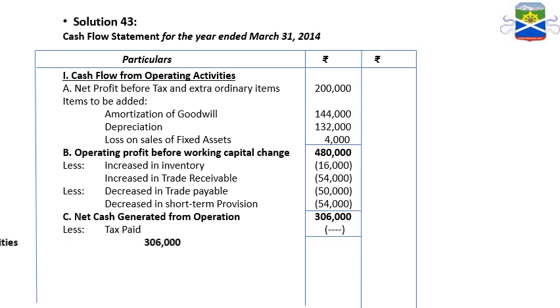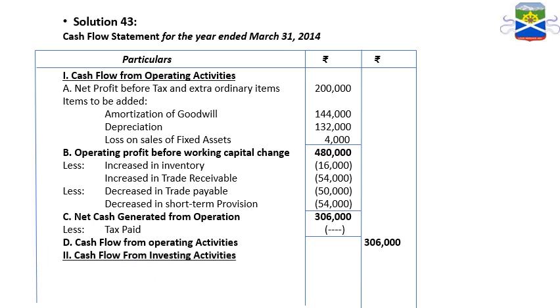We now have the final figure, cash flow from operating activity, 3,06,000. Because it is a positive figure, the word "from" is written. Now we continue with investing activity.